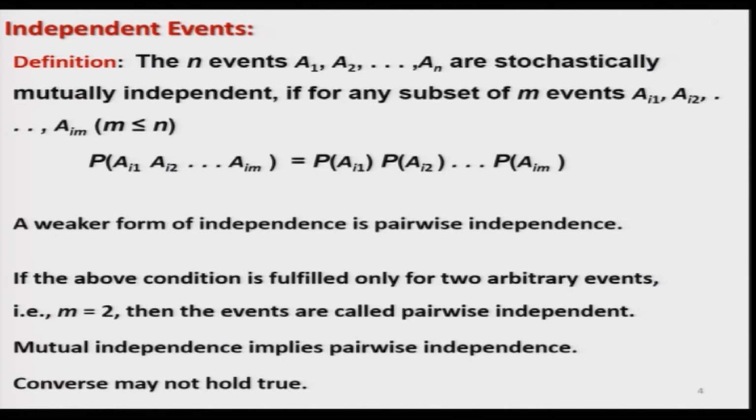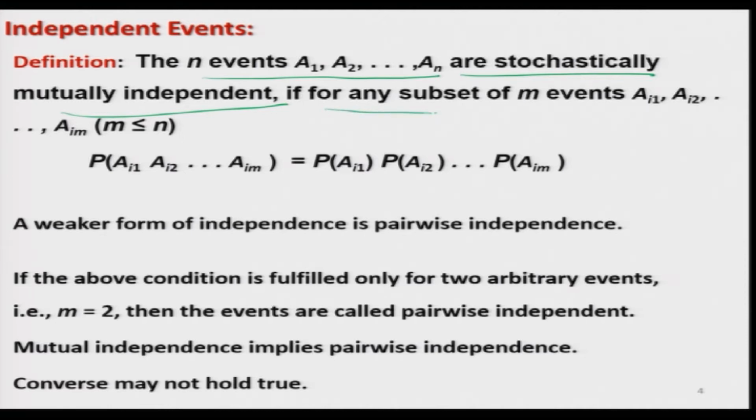Now, this definition can also be extended to more than two events. Suppose there are n events A1, A2, ..., An and they are stochastically mutually independent. When are they independent?